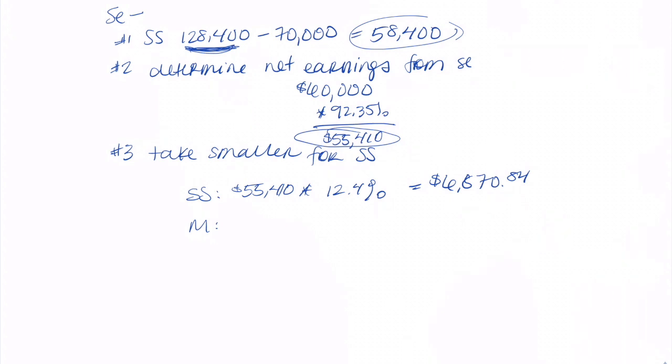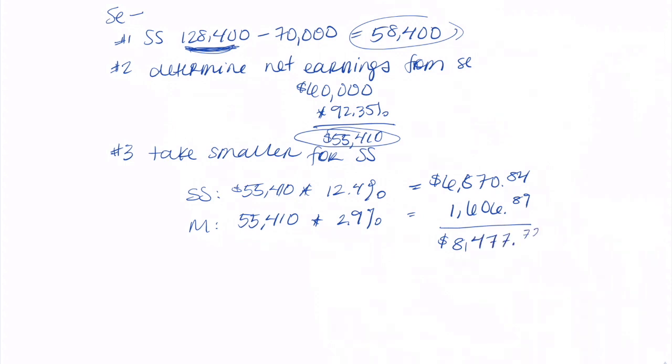In this case, though, it's the same number, $55,410 times 2.9%. Again, we are not over the threshold that gets us into the additional rate. So that gives us $1,606.89 in Medicare taxes. Total SE tax, $8,477.73.